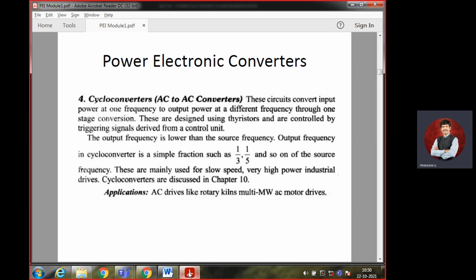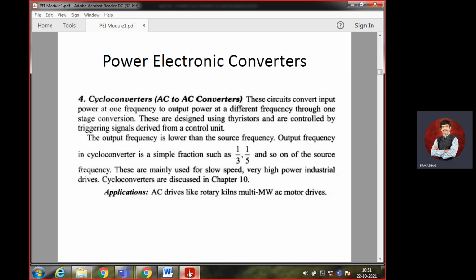This is one cycle, and we calculate how many cycles we have per second. If the cycles are different, these are the cycles: the yellow cycles are fewer, the purple cycles are more. So cycles are getting converted. That is AC to AC.